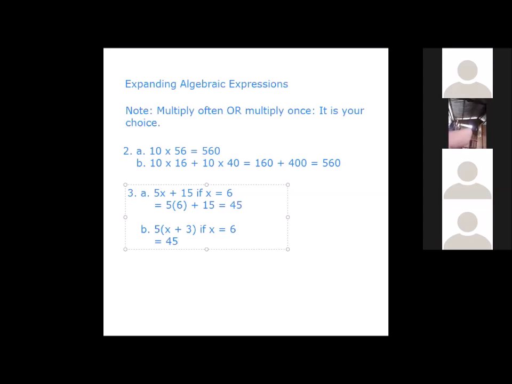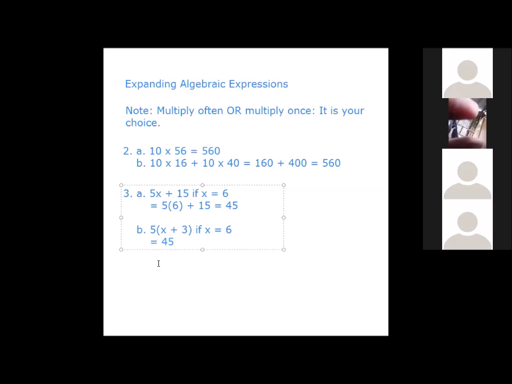Before, with 10 times 16 and 10 times 40, we just distributed the common factor 10 to the factor 56 separately by using addition. You will be more clarified with more examples, okay? The first 3 examples are just the comparison of both formats, okay? We'll have more para mas maintindihan nyo.